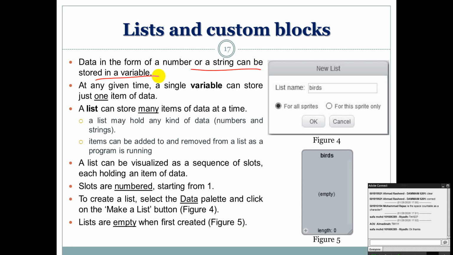At any given time, a single variable can store only one item of data, or only one value. So a list can store many items of data at a time, of similar type.